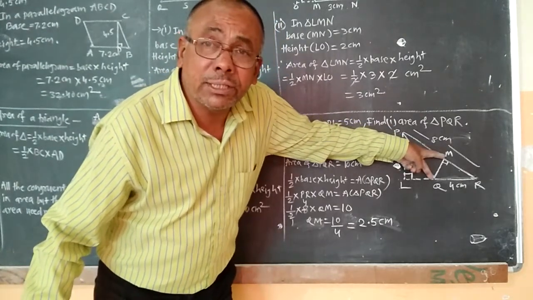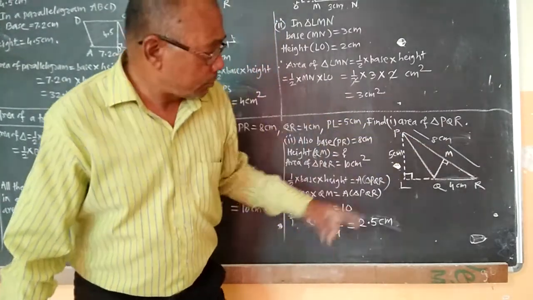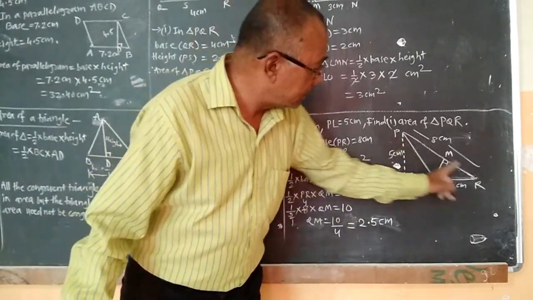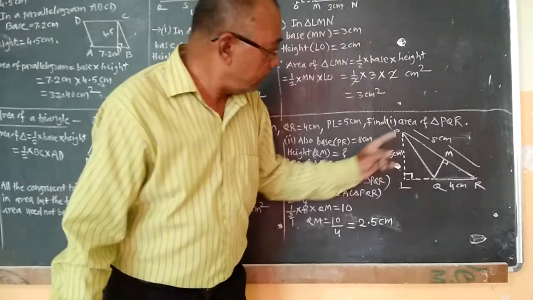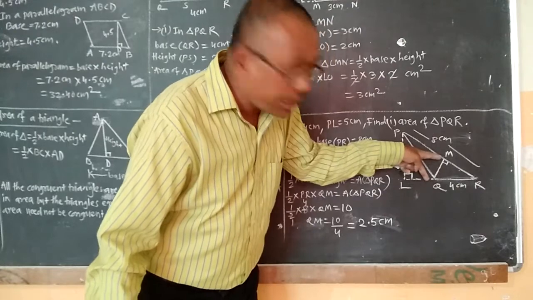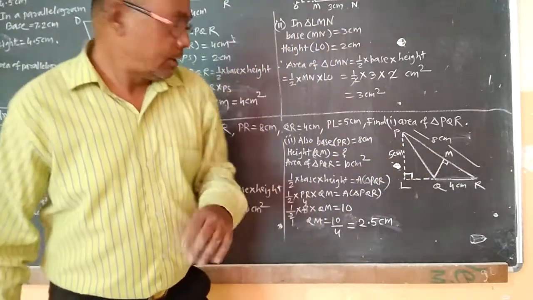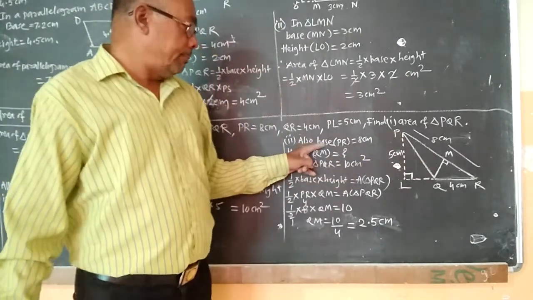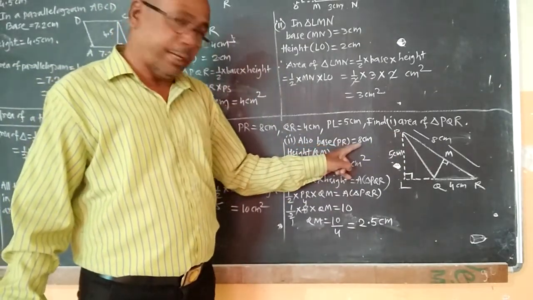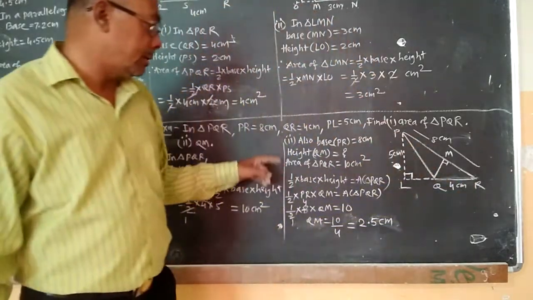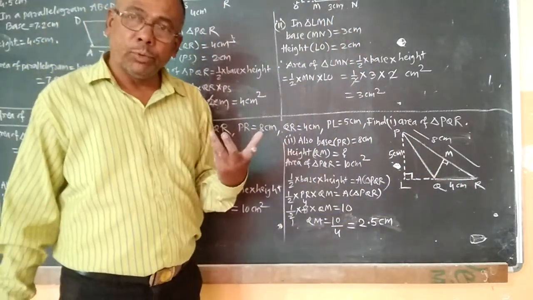Here QM is again a height, because QM is the perpendicular drawn on the side PR. So PR is taken as the base and QM as the height. In triangle PQR, base PR is 8 centimeter and height QM we don't know.